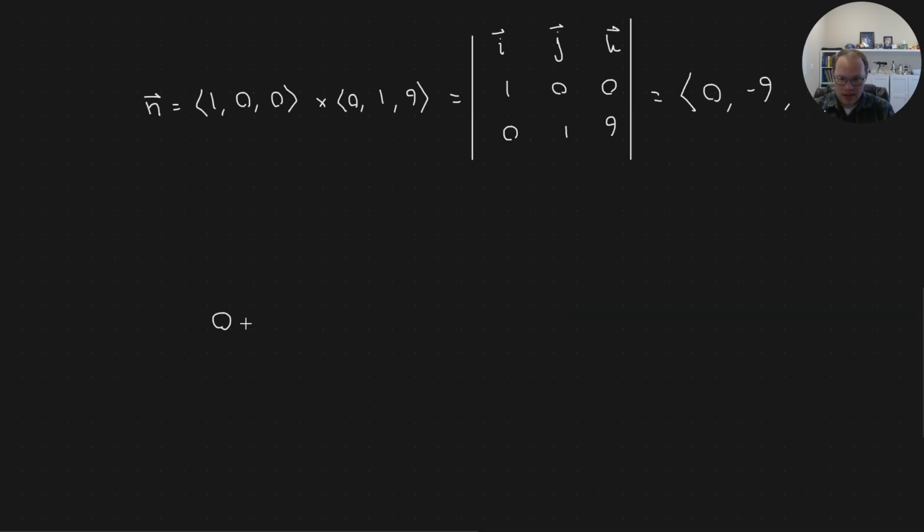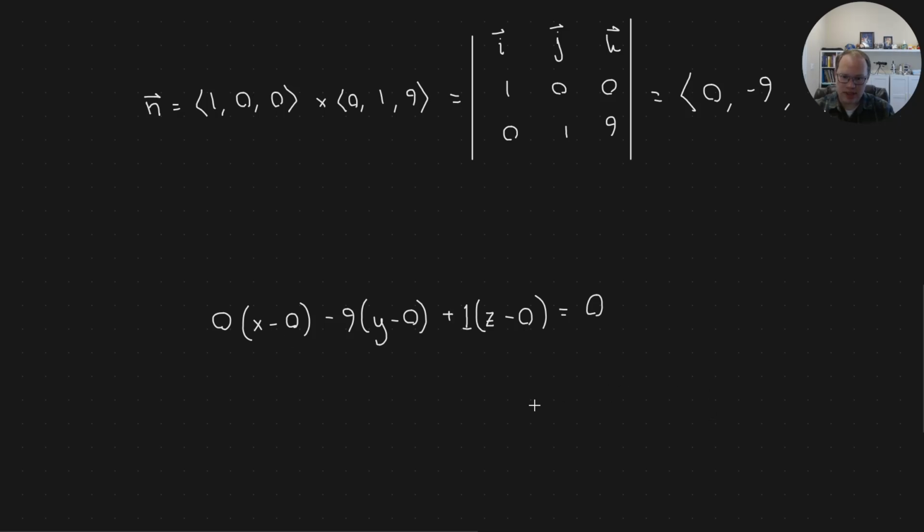And so I get 0 times x minus 0 minus 9 times y minus 0 plus 1 times z minus 0 equals 0. Plugging in the components of my normal vector and the x, y, and z components of the point in the plane.